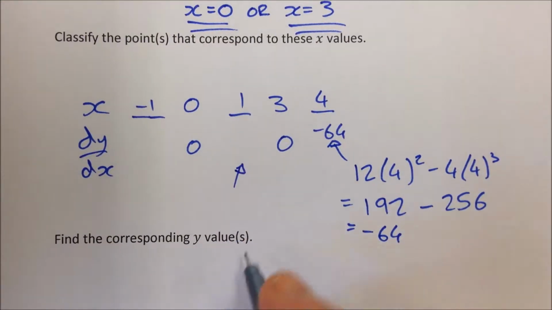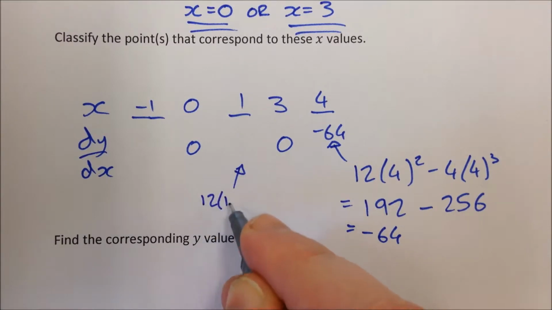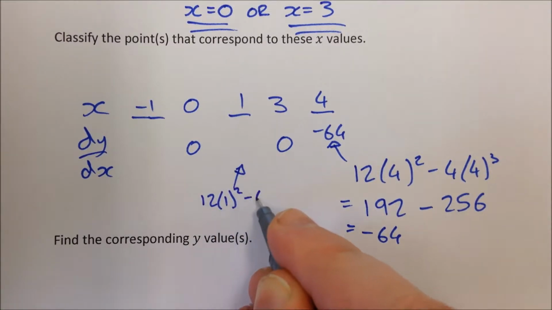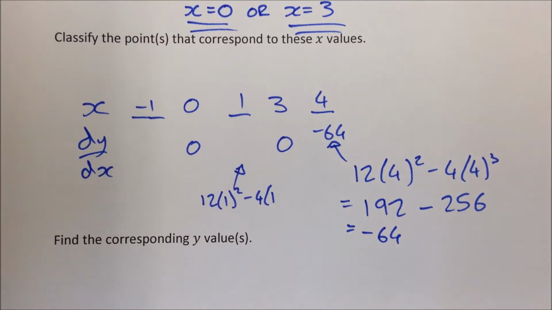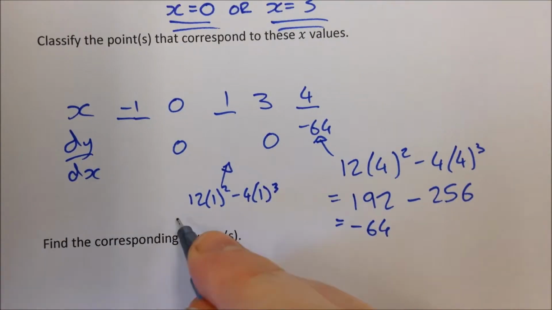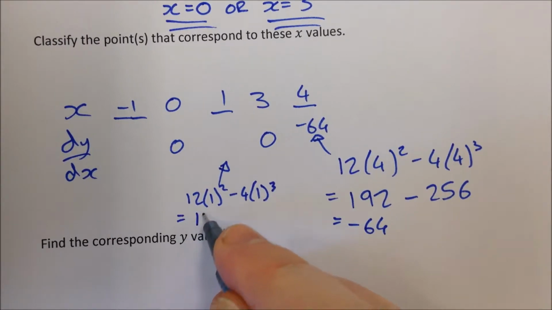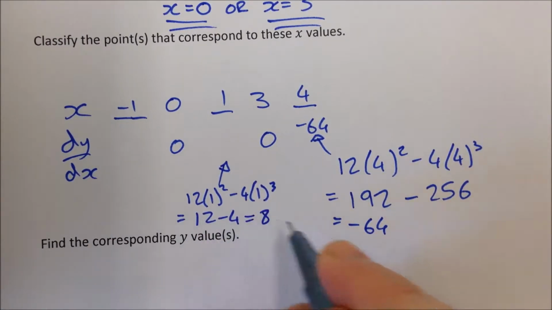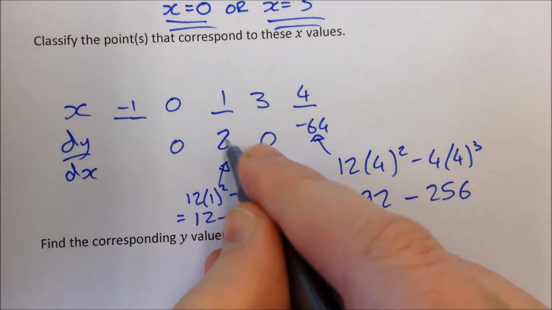This one here, 12 lots of 1 squared, take away 4 lots of 1 cubed. So that comes up as 8.